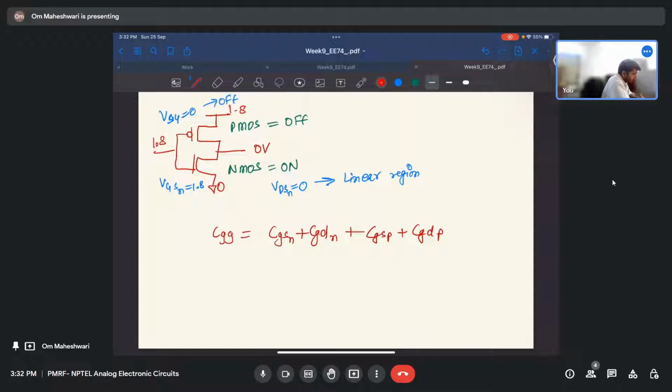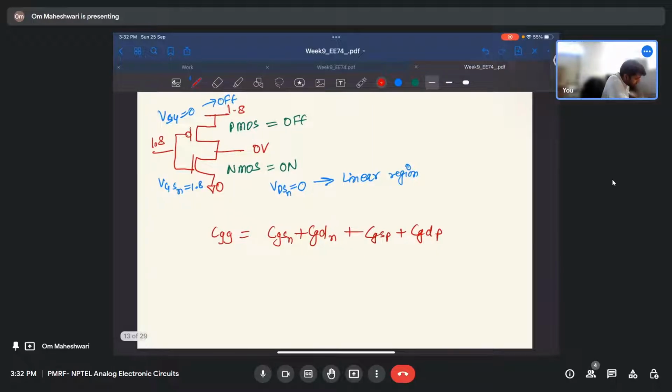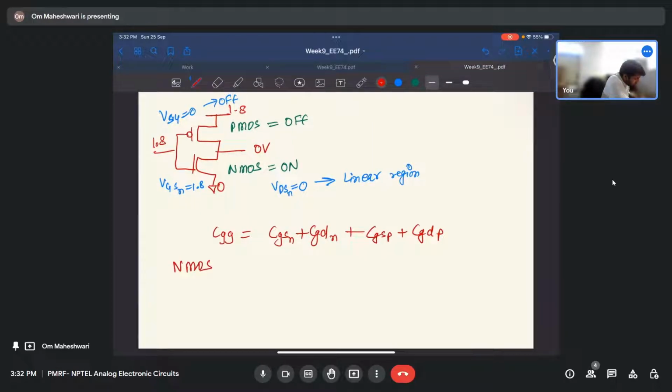For NMOS, we know it is in linear region, right? So for NMOS, CGS will be equal to CGD, which will be half COX plus COV.